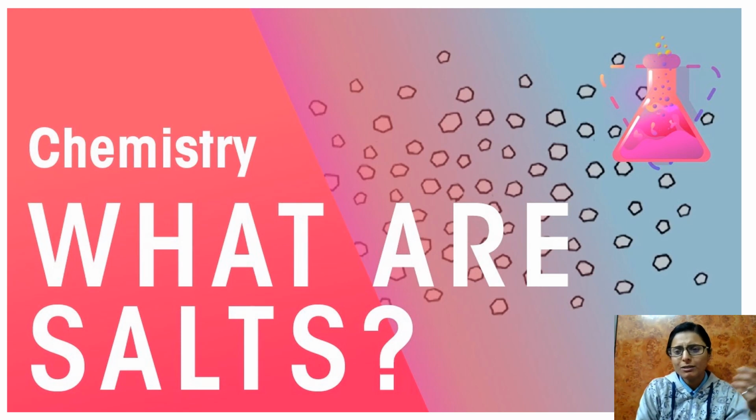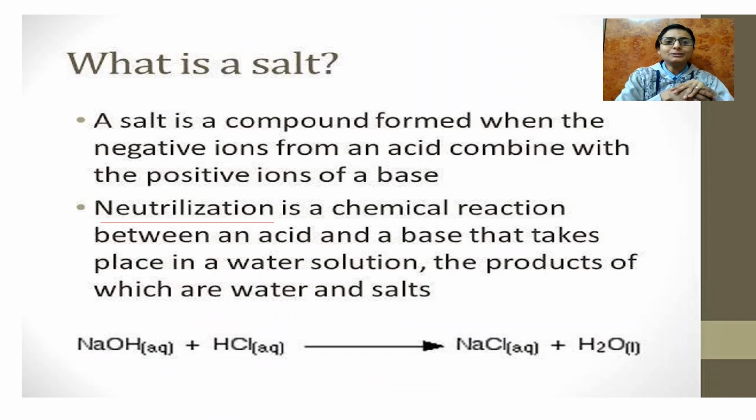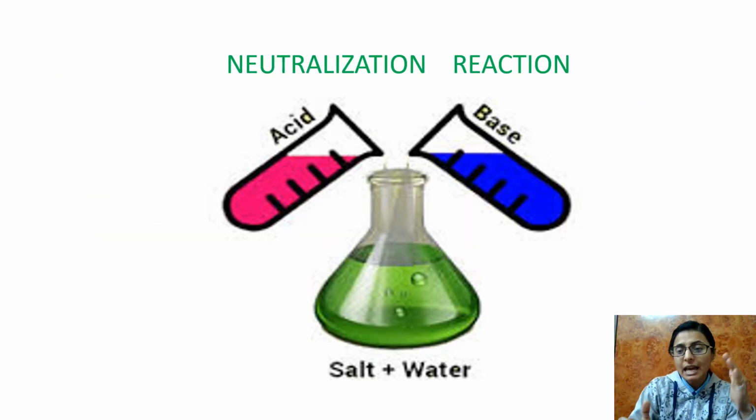Generally you eat salt. What type of taste do you feel on your tongue? You feel a salty taste, right? This salty taste shows that the particular thing is salt. Now, how is salt formed? When you mix acid and base together in this third flask, you get salt and water, and this whole process is called a neutralization reaction.